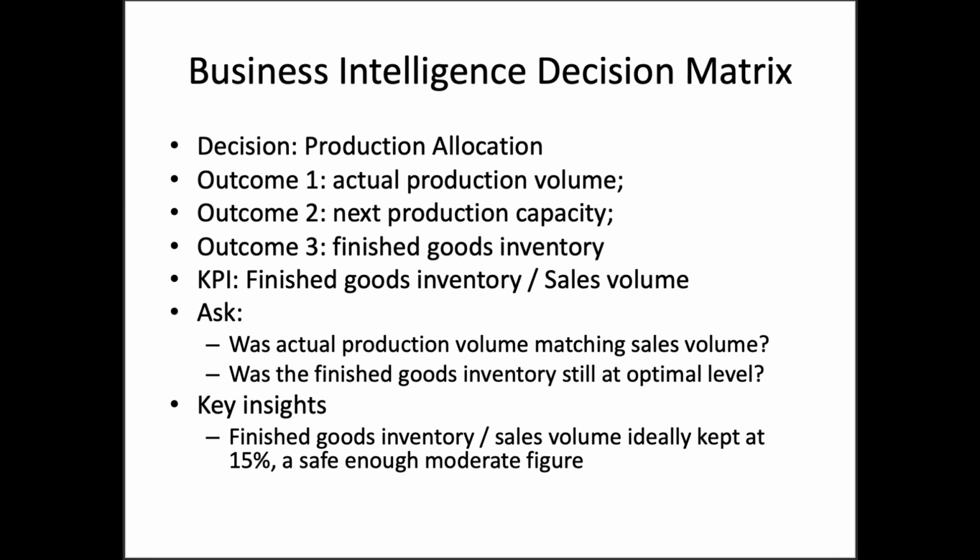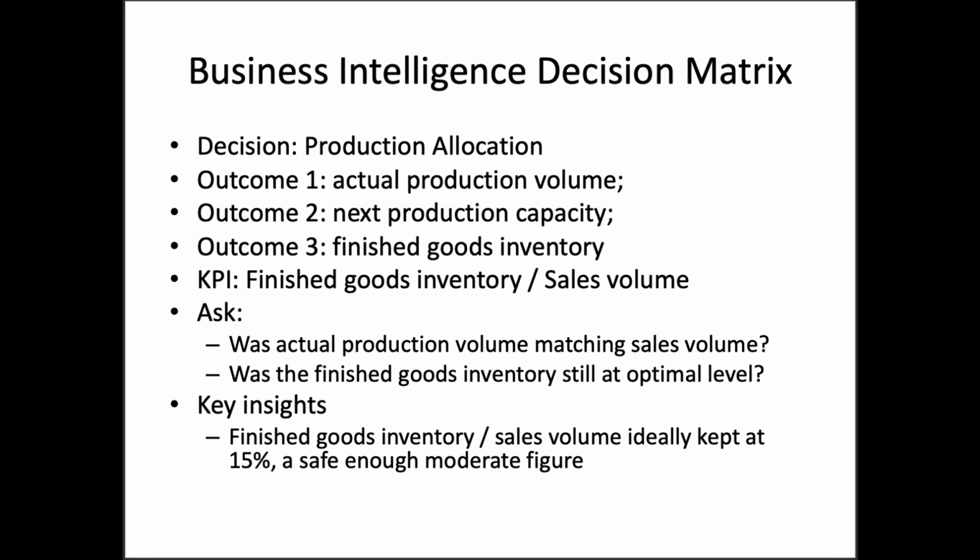You can find the decision on production allocation request in the business decision history page, the actual production volume in the analysis production logistics page, the finished goods inventory in the analysis production logistics page, the next production capacity for the next round in the analysis production logistics page, the sales volume in the analysis production logistics page. You must fill up all the cells.